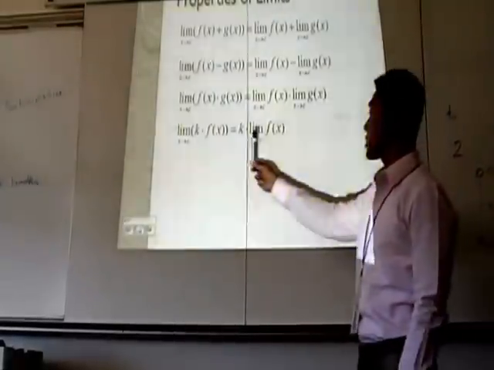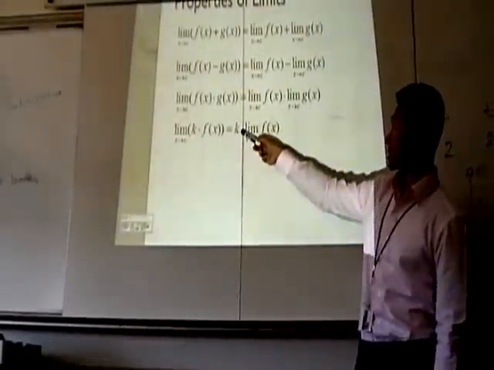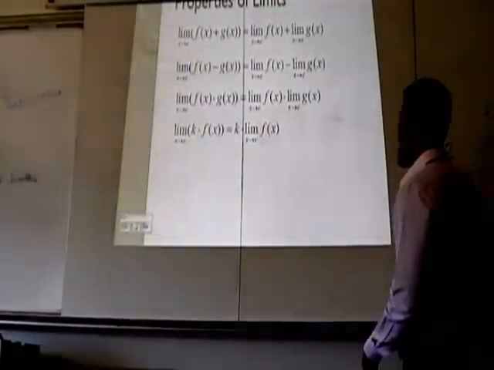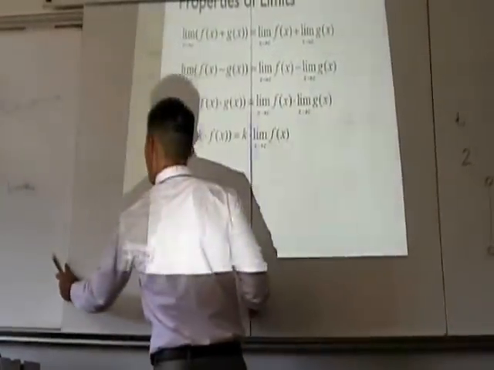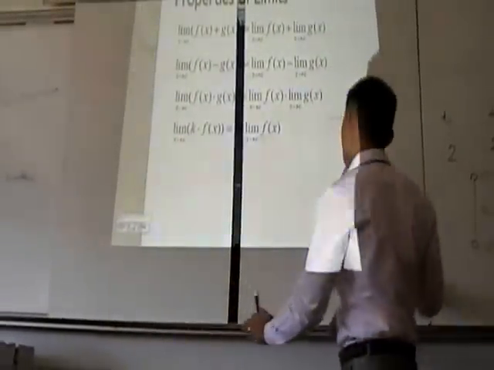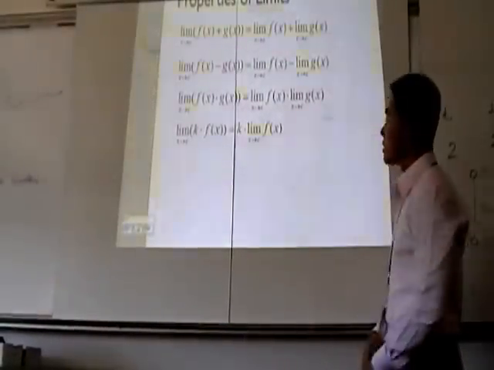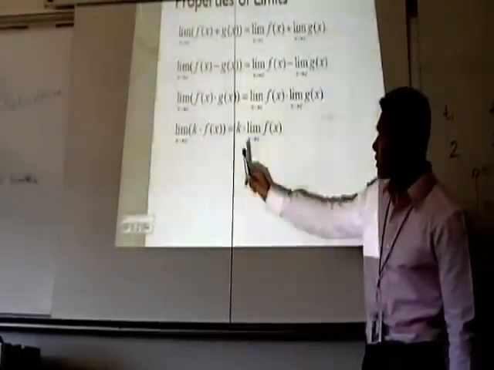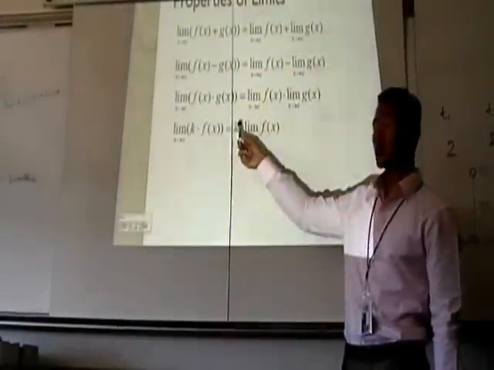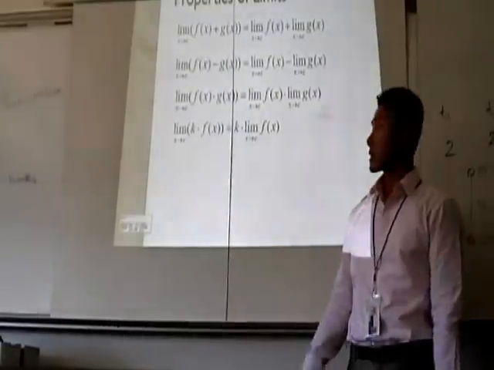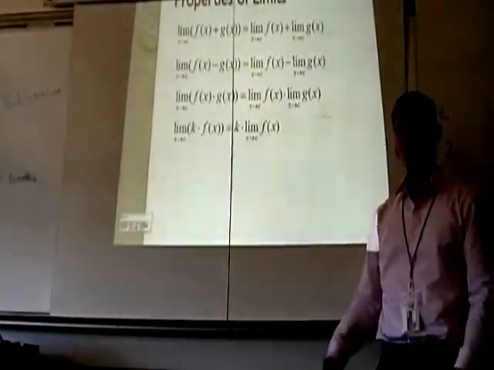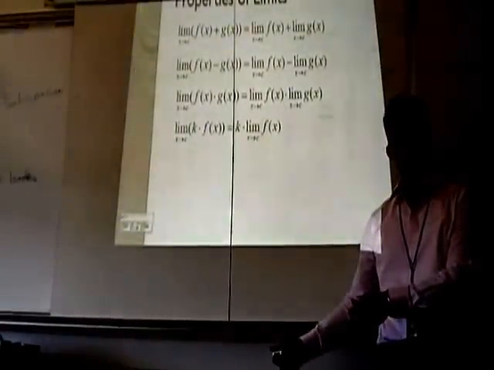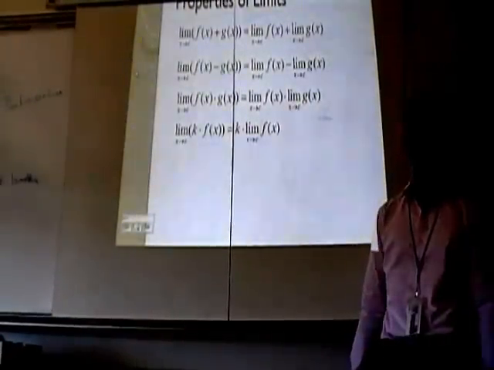For this fourth one, k is the constant. Okay, so let's say you're taking the limit of 2x. You're really taking the limit of x and then multiplying it by 2.